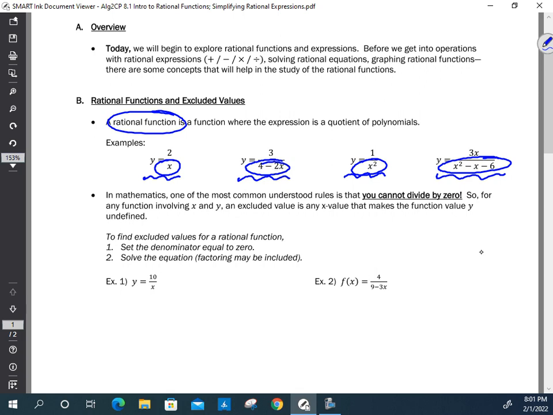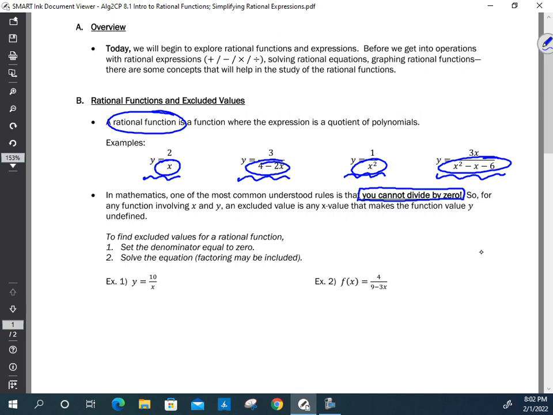Now, why is that important? That brings up one of the most common rules that you've been told since you've been studying mathematics, and that is you cannot divide by 0. That rule still holds true. You cannot divide by 0. So since you cannot divide by 0, we have to find what numbers will cause the bottom of the fraction, the denominator, to be 0.